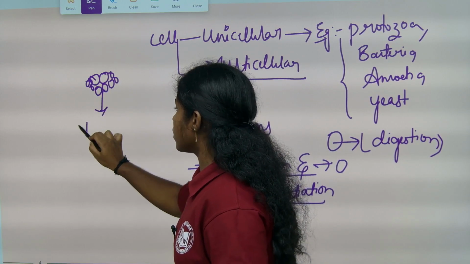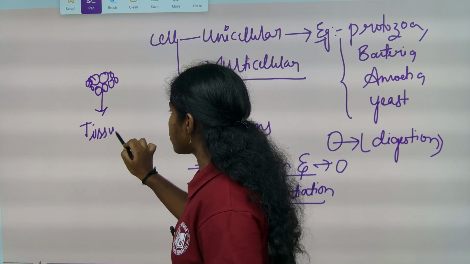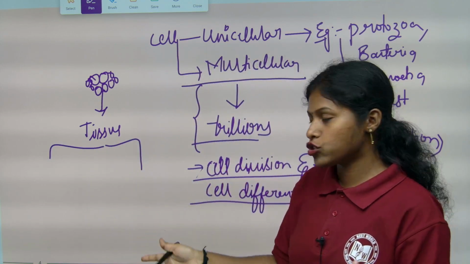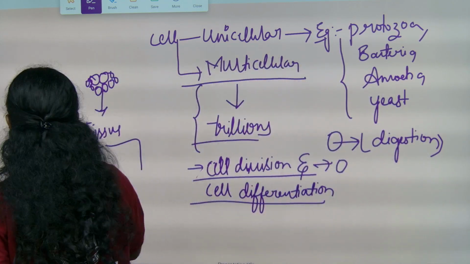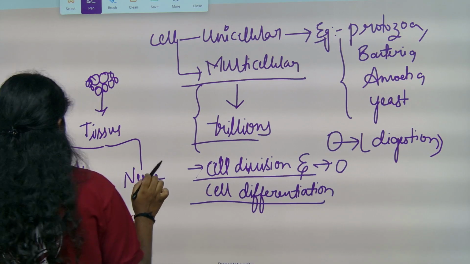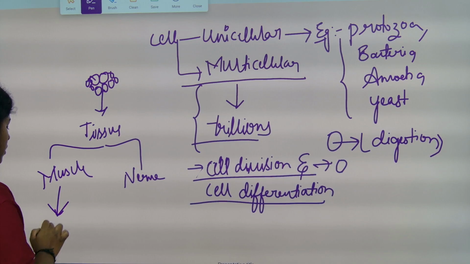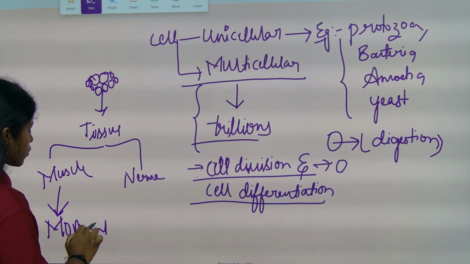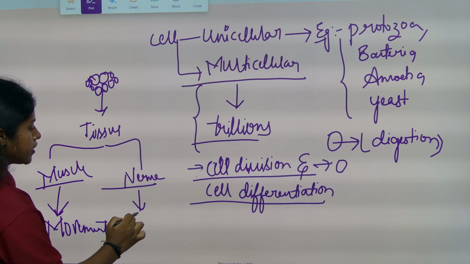form tissues. Those tissues are of different types, maybe muscle tissue or nervous tissue. The function of the muscle is movement and the nerve is signaling, right?